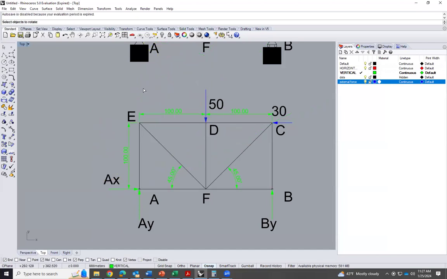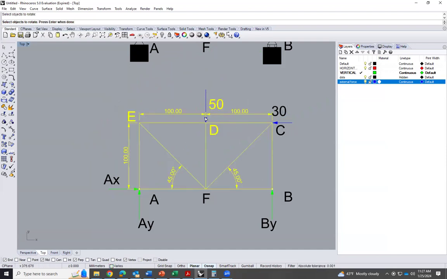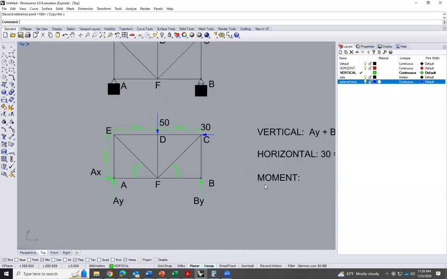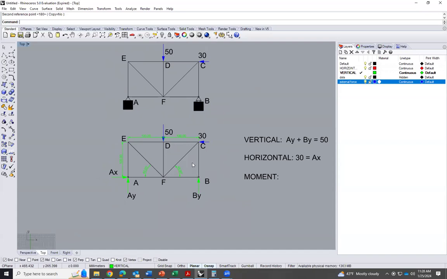And finally, what's the effect of this 50 force going down? What's the effect at this point? So that will move the structure in this direction. So we have two forces moving the structure in this direction, and then we have one force moving the structure in the other direction. So in this moment equilibrium, we have to put at one side of the equation everything that moves the structure counterclockwise, and that moves the structure clockwise about this point.